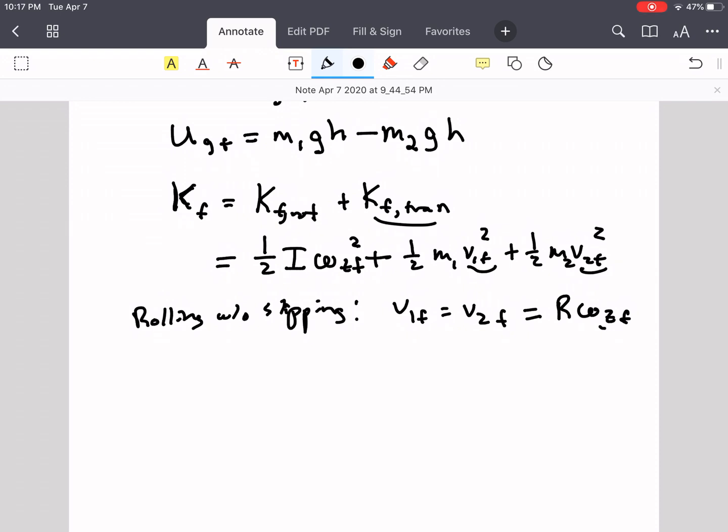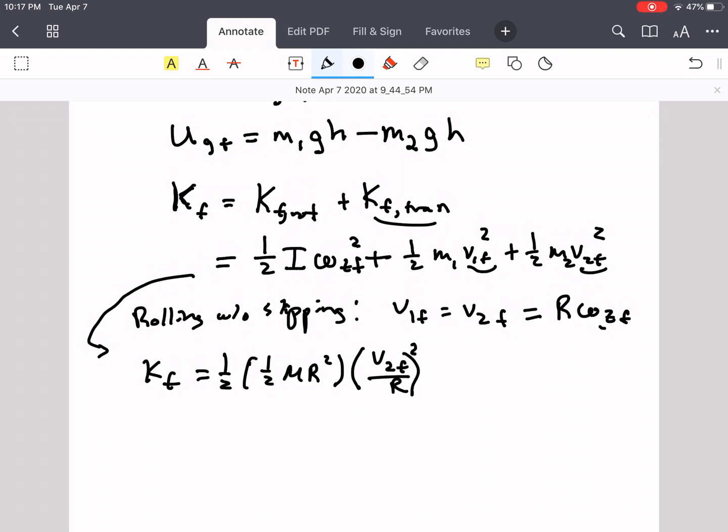So now again, we're going to use this nice property that velocity is connected to omega. When I plug that into this equation, my final kinetic energy can be rewritten as 1/2 times I, which is 1/2 capital M R squared, times omega z final, which is v2 final over r, squared, plus 1/2 m1 times v2 final squared, because v1 final is equal to v2 final, plus 1/2 m2 times v2 final squared.